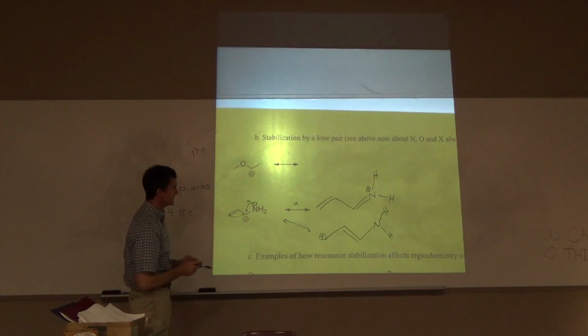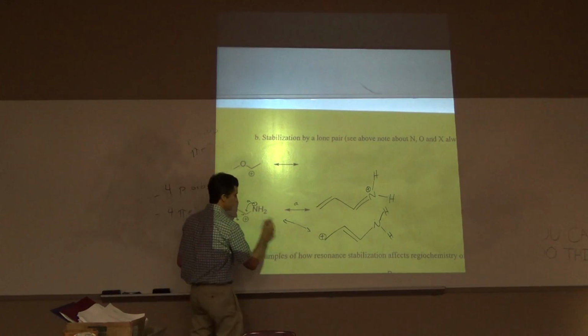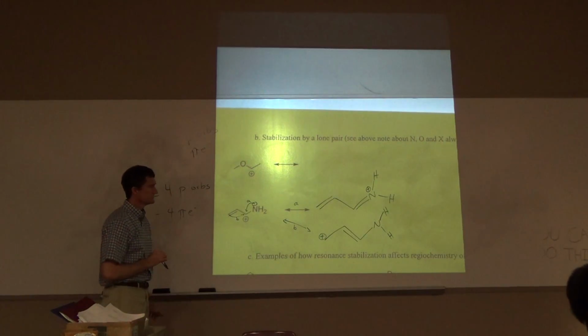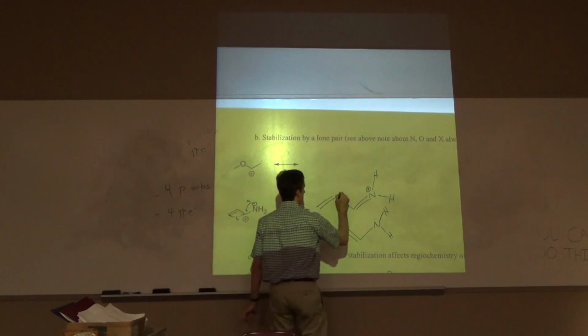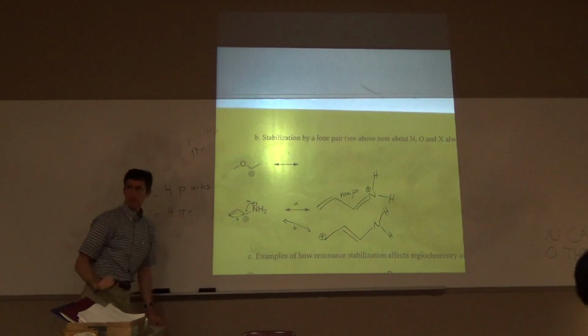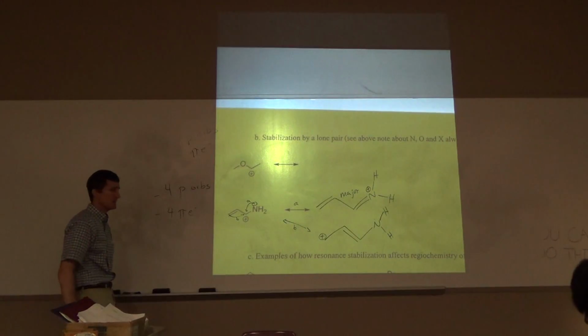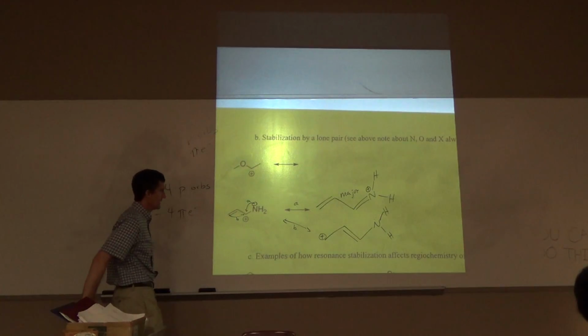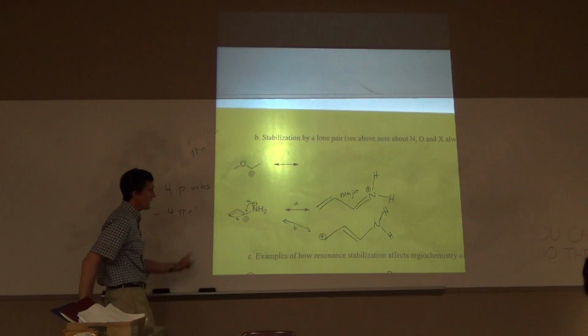Which one's major? By the way, this is your B arrow, which gives this down here. Which one do you like best? This is major. It has more bonds. Nitrogen does have an octet, so that's okay. Nitrogen doesn't mind sharing as long as she keeps an octet. Of the other two, which is worst?